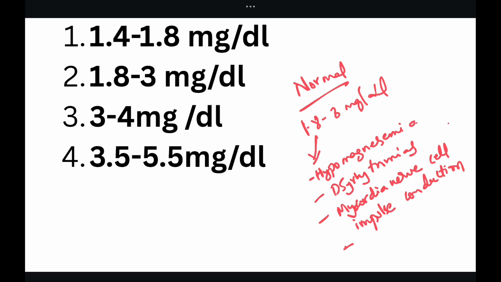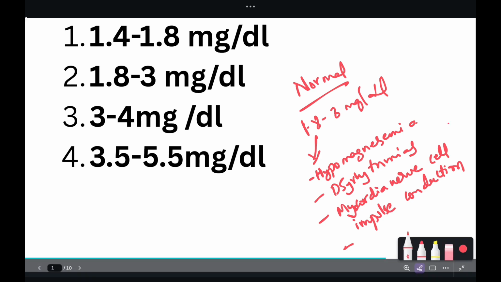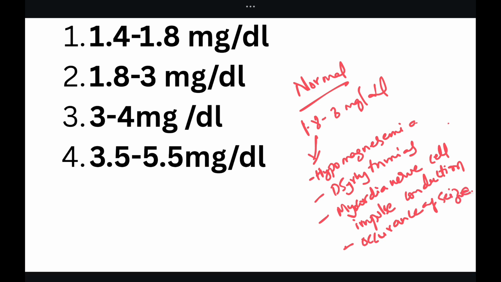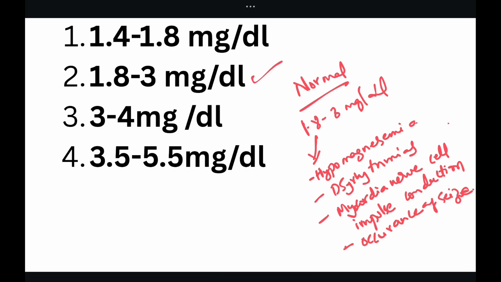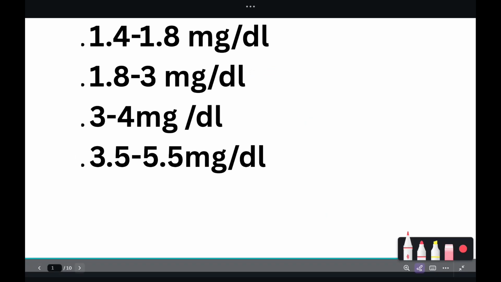And low magnesium levels will lead to the occurrence of seizures. So the correct answer is 1.8 to 3 milligram per deciliter.